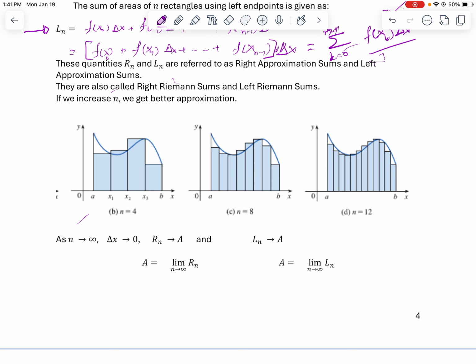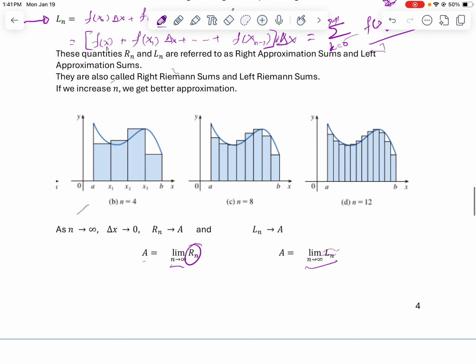So in the limiting case, when n goes to infinity, the right Riemann sum Rn becomes equal to the area. In the same way, if we were using the left endpoints, the limit as n goes to infinity will become equal to the area.